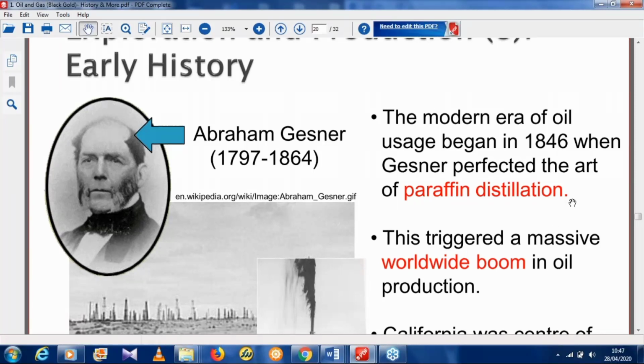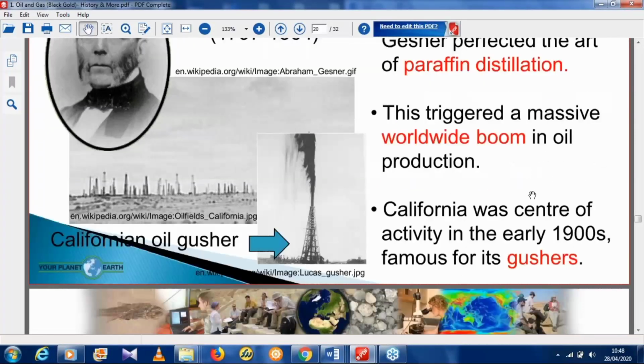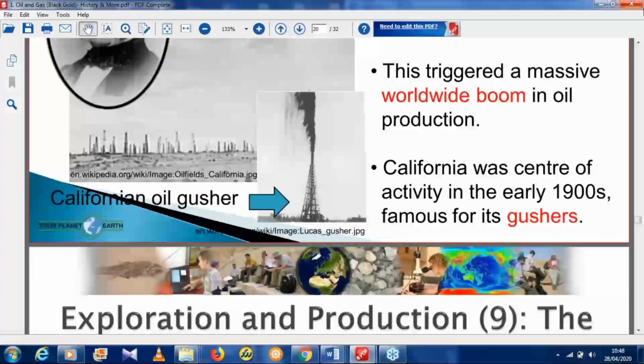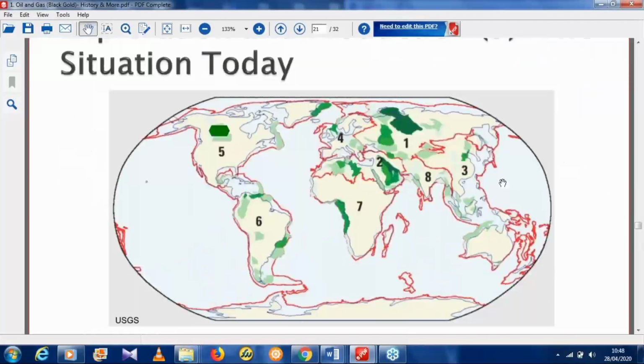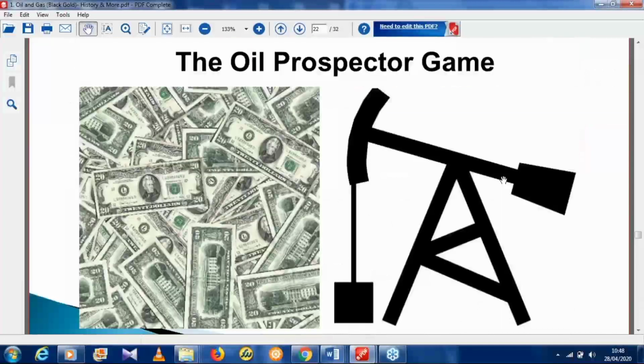That was the first processing of crude oil, because at that time paraffin and its components were in high demand. This triggered a massive worldwide boom in oil production. California was the center of this activity in the early 1900s, just as an overview of what was happening in the oil industry.